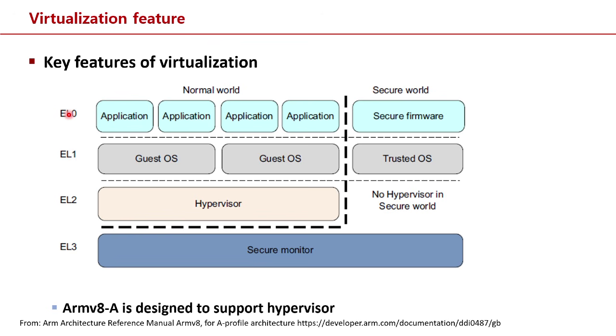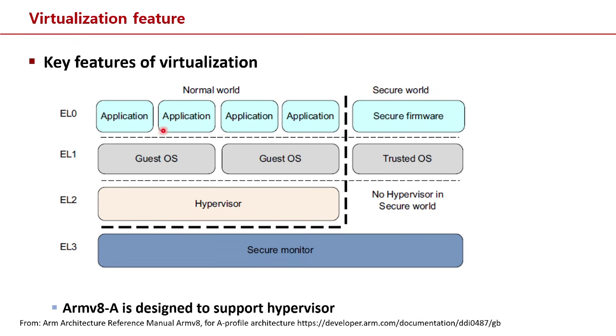I think you may be familiar with the terminology called exception level. You know that at exception level 0, the user application is running. And at exception level 1, the Linux kernel or real-time operating system can be executed.